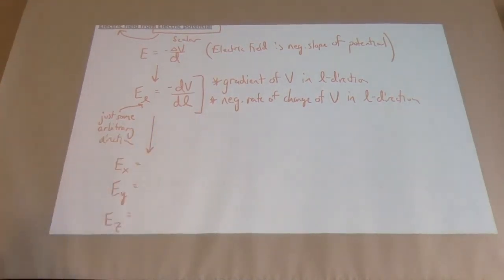So instead of some arbitrary L direction, we can write this in terms of X, Y, and Z, which we're a little bit more familiar with. Except if it's a function of maybe X, Y, and Z, I have to rewrite that as partial derivatives. So this would be the negative partial derivative of the potential with respect to X, and the negative partial derivative of potential with respect to Y, and negative the partial with respect to Z.